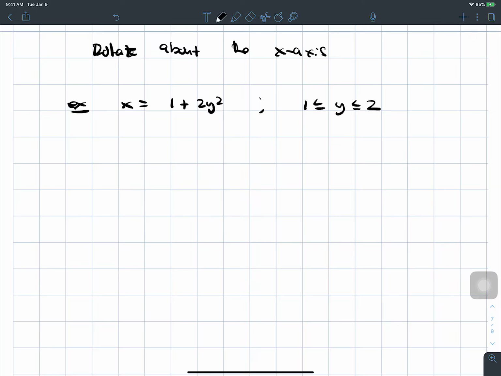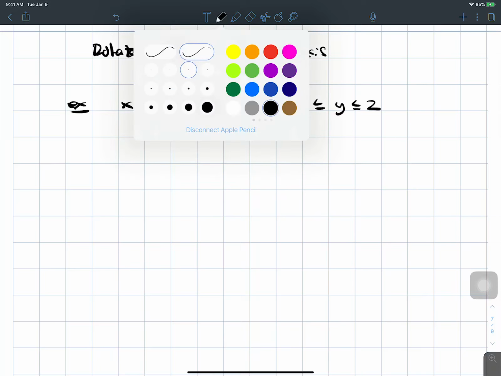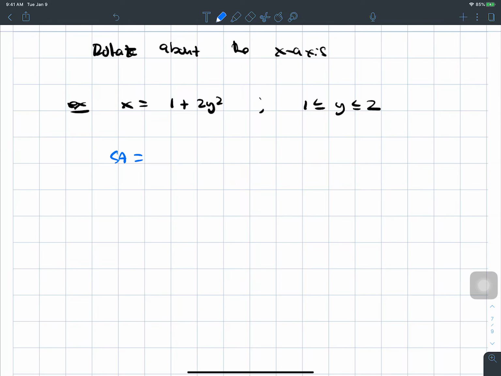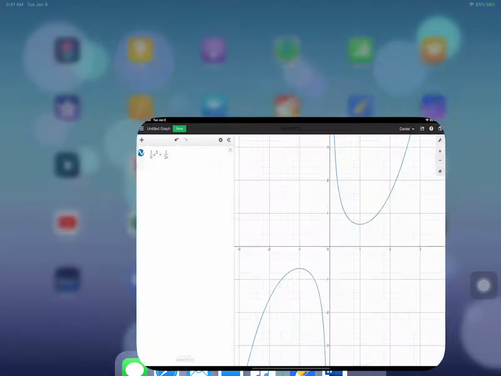Now let's go to our graph, because remember, if we say our surface area is an integral of 2 pi r ds, we want to always know first what is r equal to. It's either going to be y or it's going to be x. Let's look at the curve here.